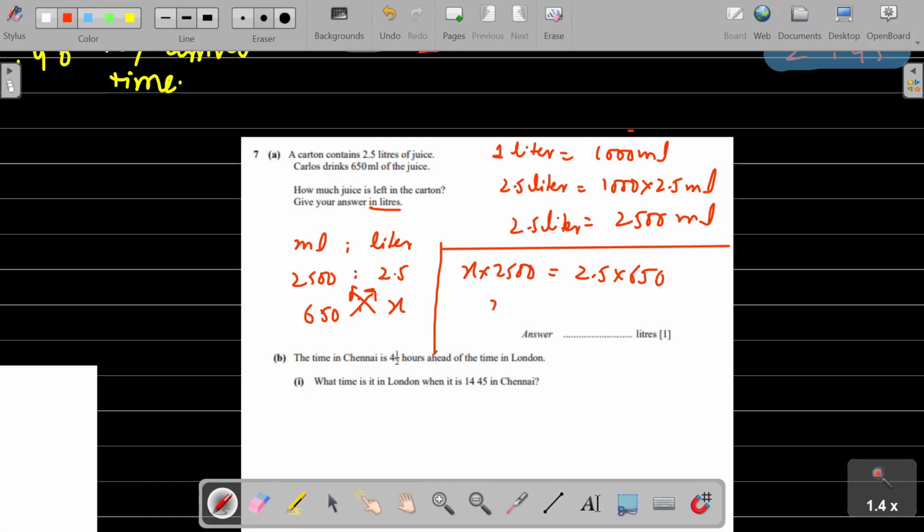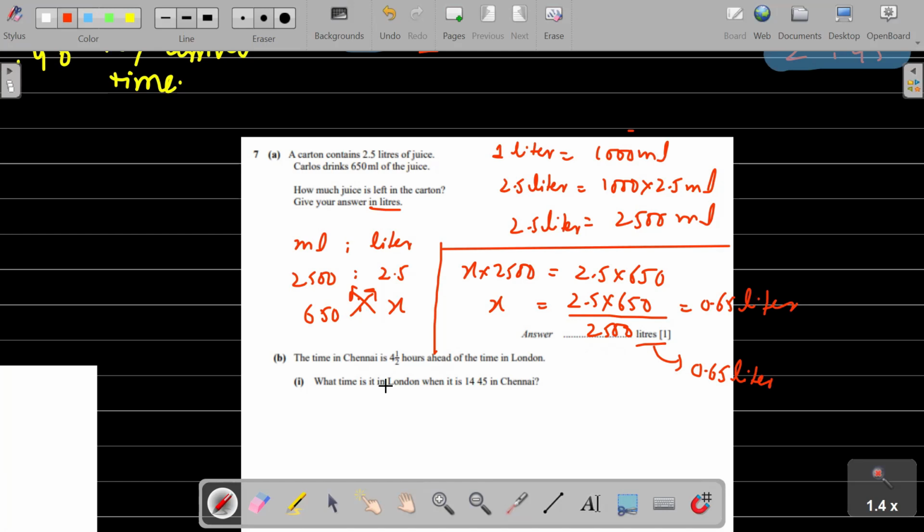By separating x, it is 2.5 times 650 over 2500. And our answer is 0.65 liters. That will be our answer.